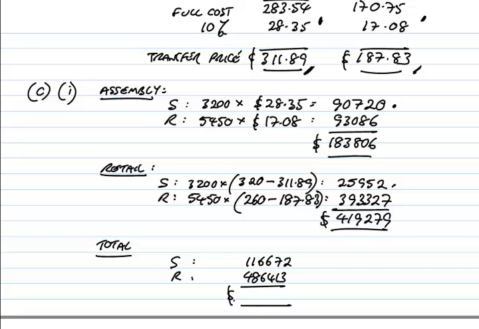The total, sorry, my calculator, 116,672 plus 486,413, 603,085. Again, a bit of a rush for 3 marks, but never mind, we're nearly there. There's the total profit.